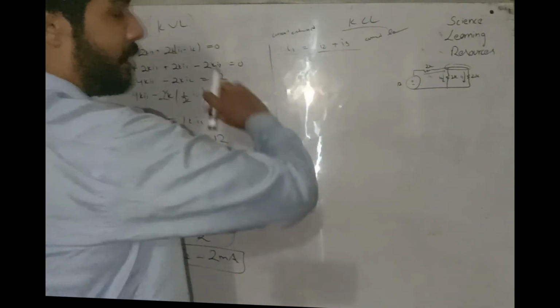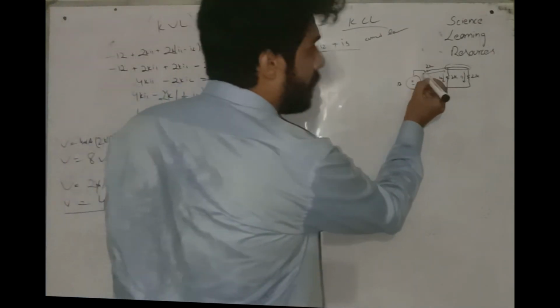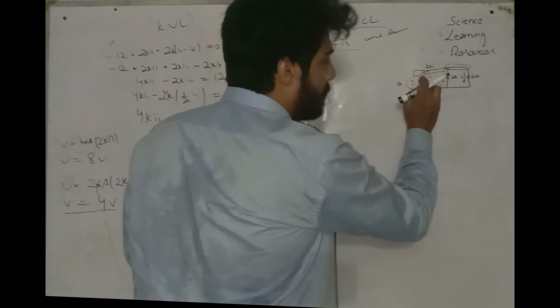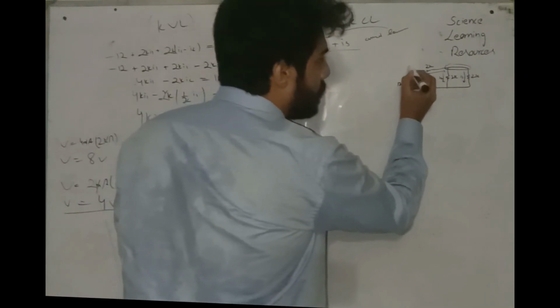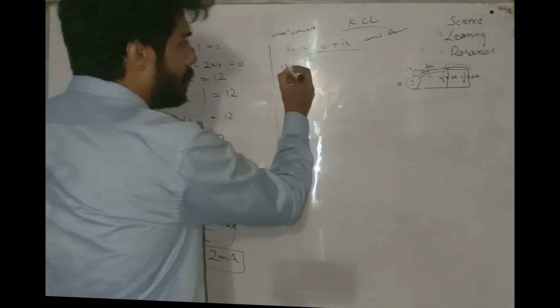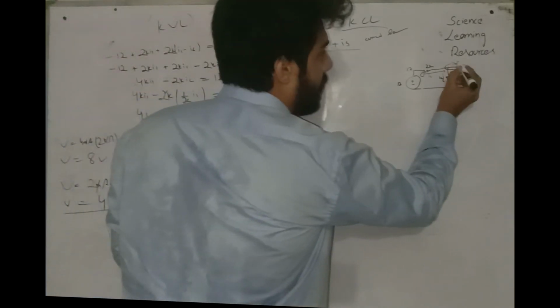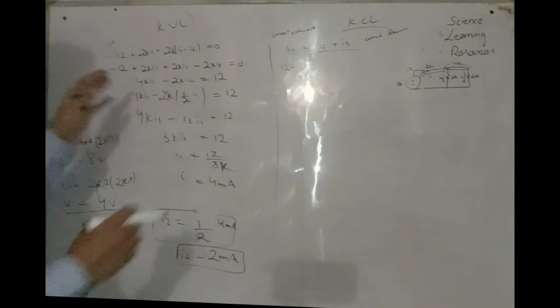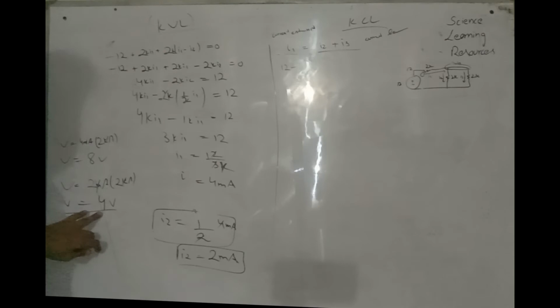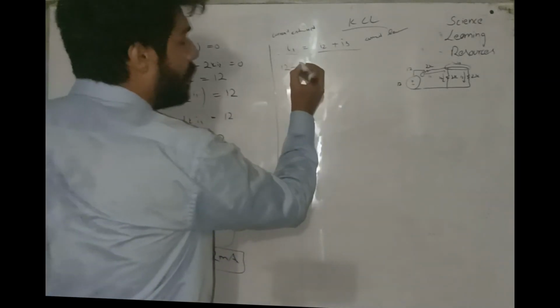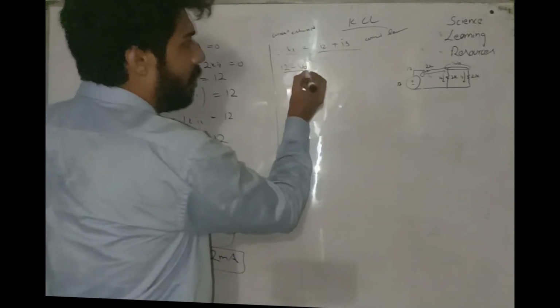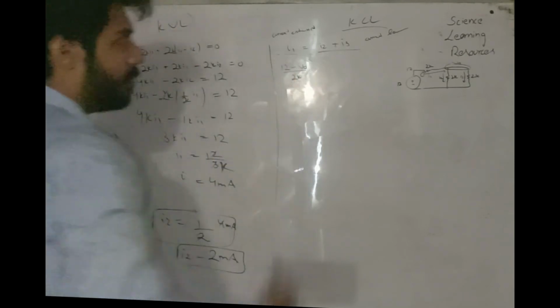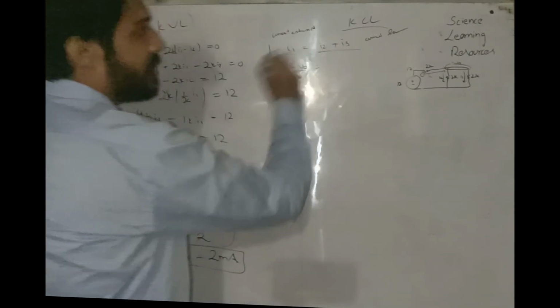So what is I1? In my previous video I told you that at this tail it is 12 volts. So you have to write 12 minus what is here. I don't know what's here, but in my KVL I know it will be 4 volts, but I am not writing that 4. So it is V0 by 2 kilo ohms of resistance. After this, what is I2?